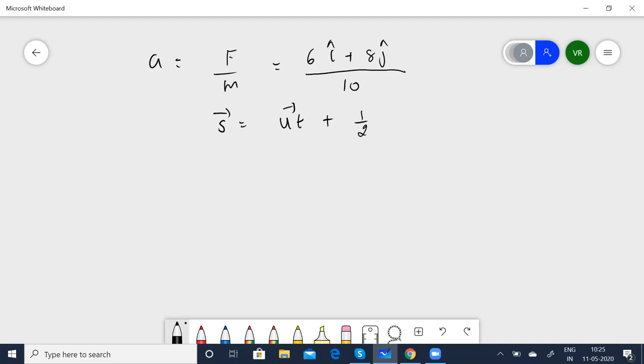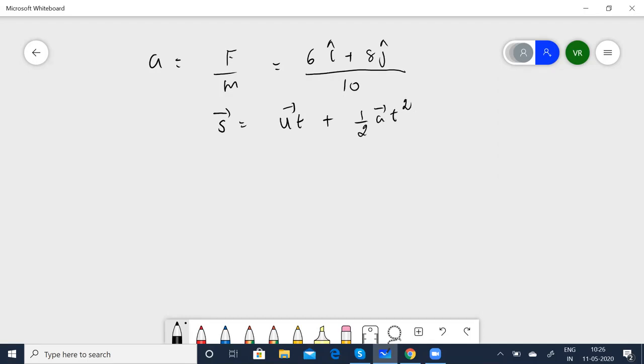Now, a is equal to F by m. Substitute F, which is given as 6i vector plus 8j vector, divided by mass, which is 10. Now, displacement s is equal to ut plus half a t squared.